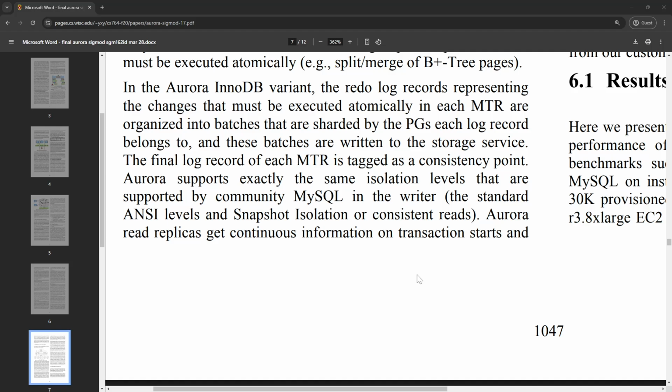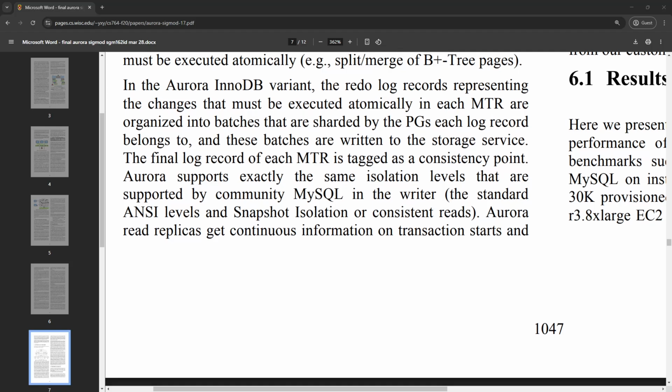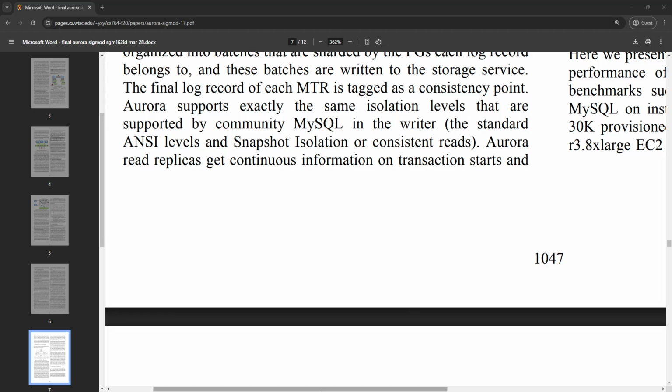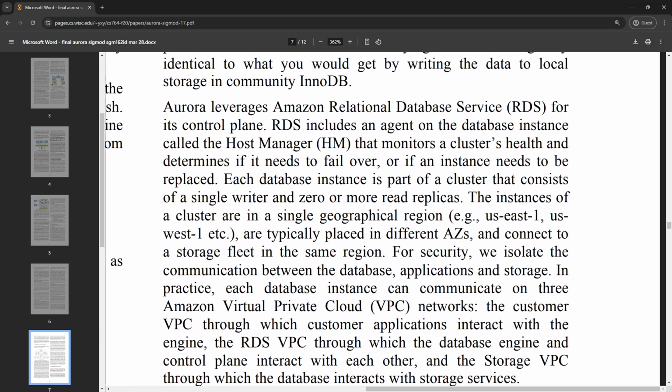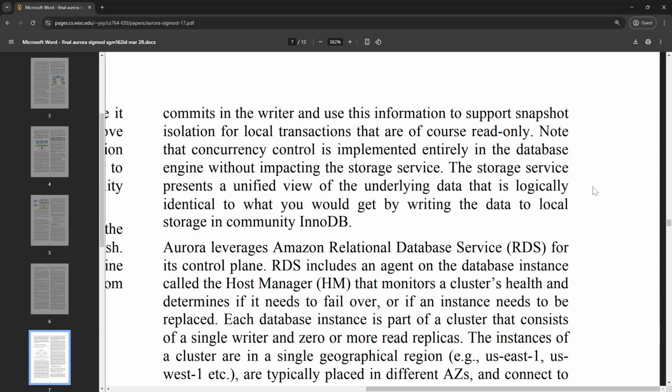Aurora supports exactly the same isolation levels that are supported by Community MySQL in the writer, the standard ANSI levels, and snapshot isolation, or consistent reads. Aurora read replicas get continuous information on transaction starts and commits in the writer, and use this information to support snapshot isolation for local transactions that are of course read-only.